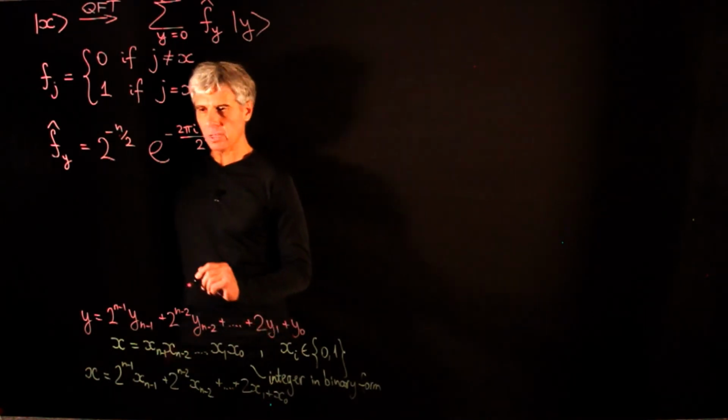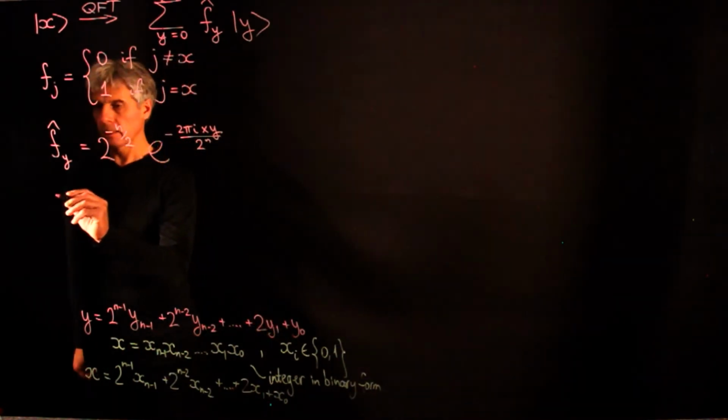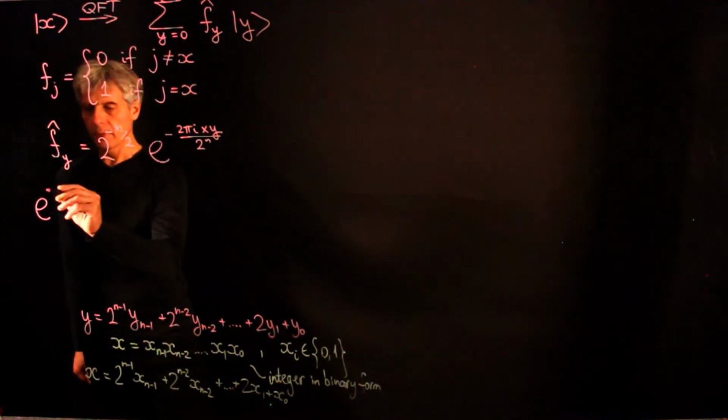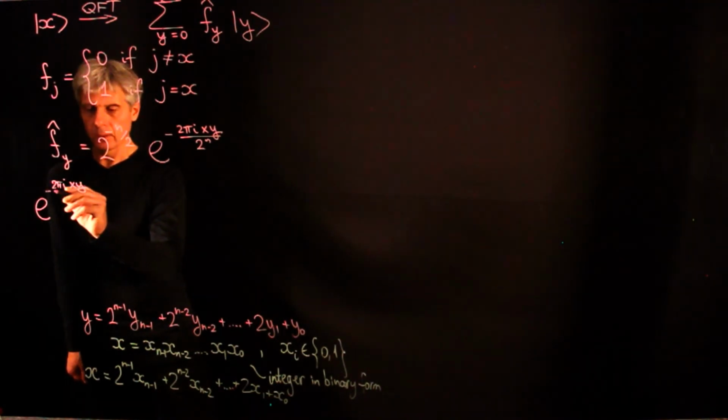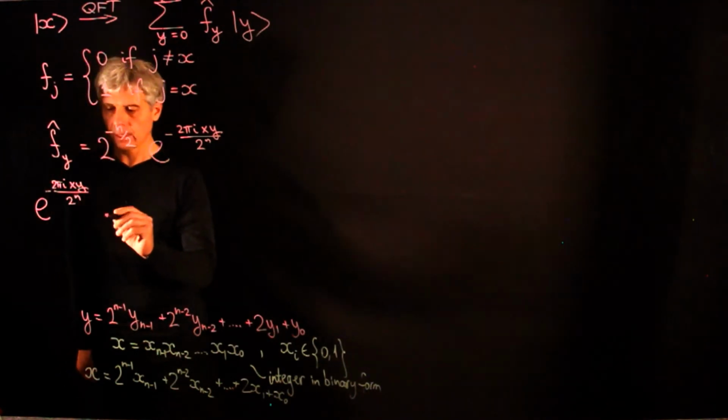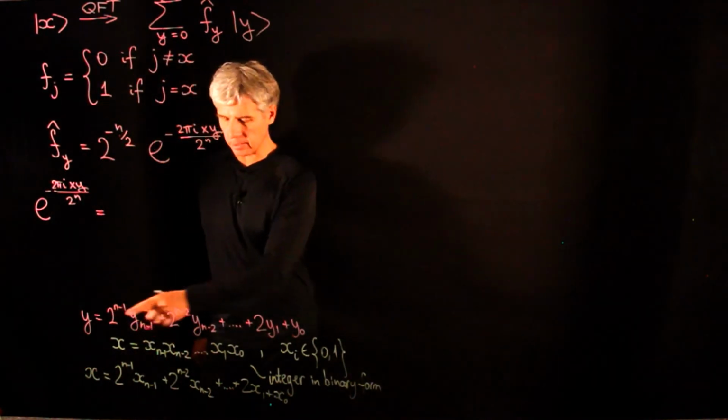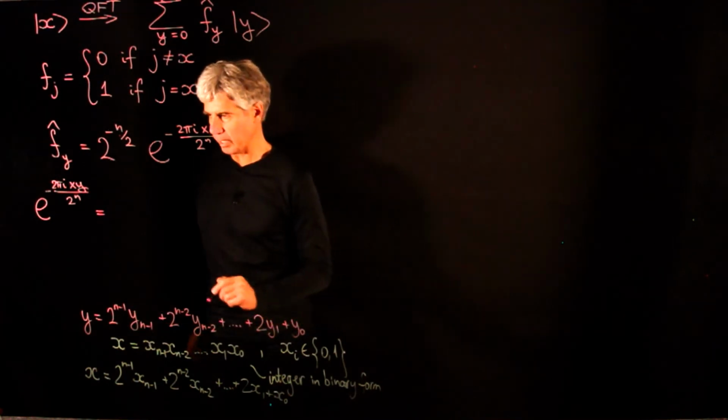And so let's take e^(-2πi xy/2^n) and expand it according to this binary expansion.